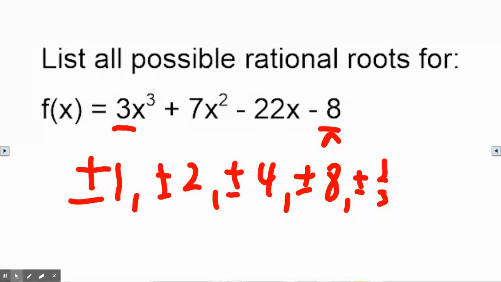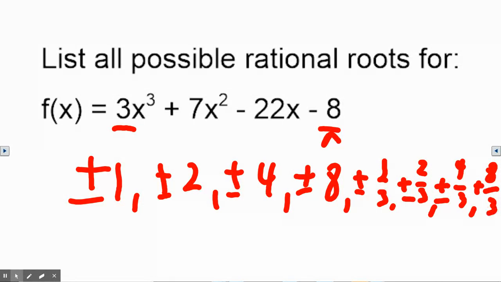So plus and minus 1/3, plus and minus 2/3, plus and minus 4/3, and plus and minus 8/3. Now you might think this is a very long list: 1, 2, 3, 4, 8, 16 possible rational roots. But the fact is that if you didn't know this list, the list would be infinite.